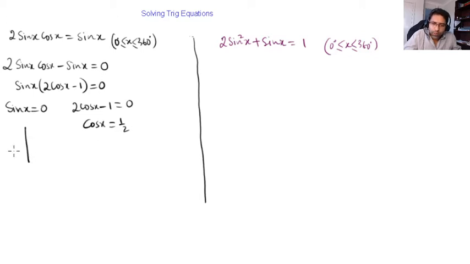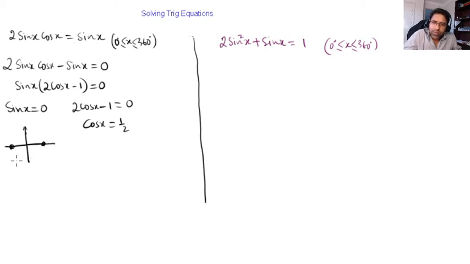If you try to solve sine x equal to 0, where is sine 0? Sine is basically your y-axis; you know the sine is the coordinate of y, right? So sine x is 0 at 0 degrees, because we know sine 0 is 0. Or if I go with 180 degrees, sine 180 degrees is also 0, because the y-coordinate is 0.